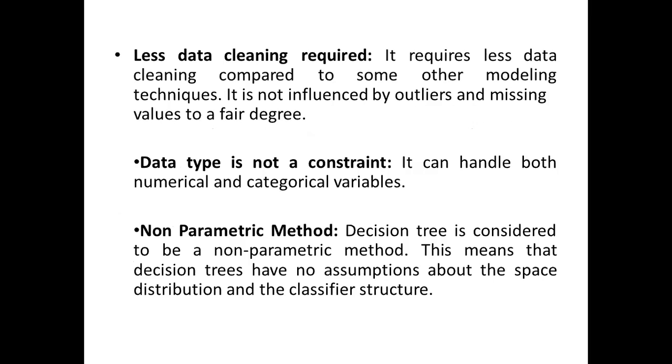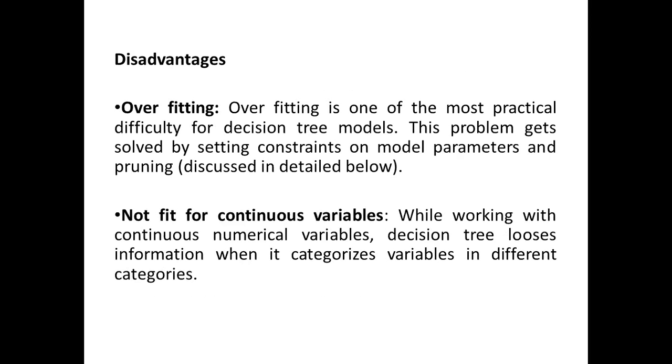Less data cleaning is required as compared to other modeling techniques. Data type is not a constraint, meaning it can handle both numerical and categorical variables. Non-parametric method, because decision trees have no assumptions about the space distribution and the classifier structure.